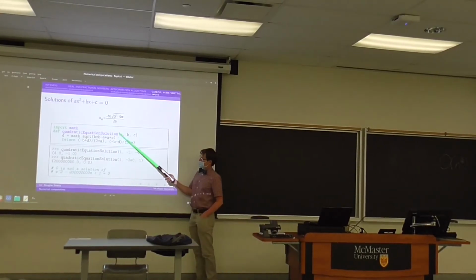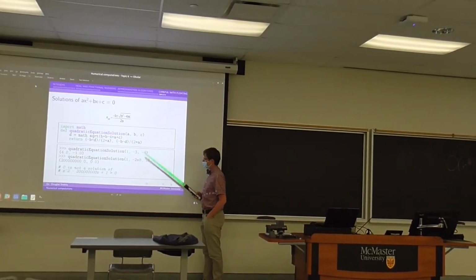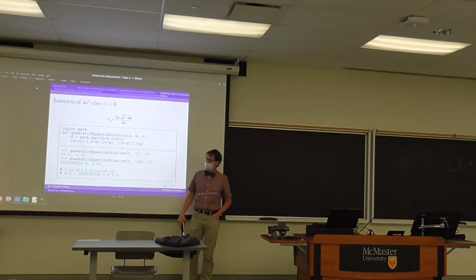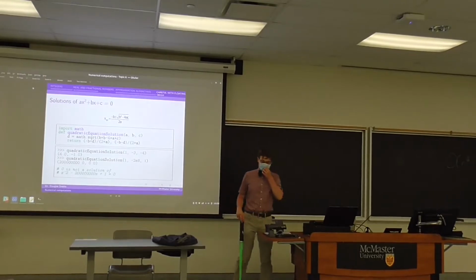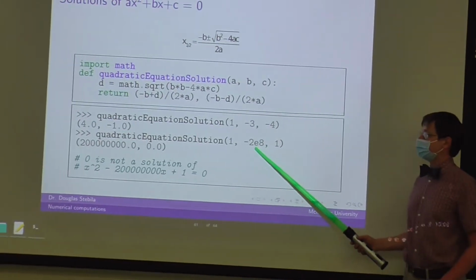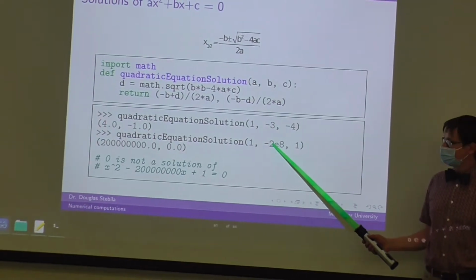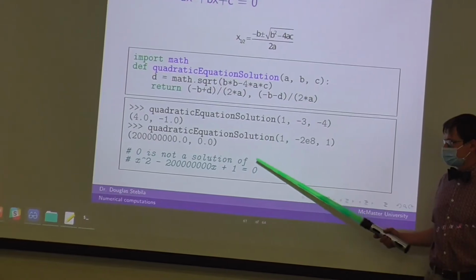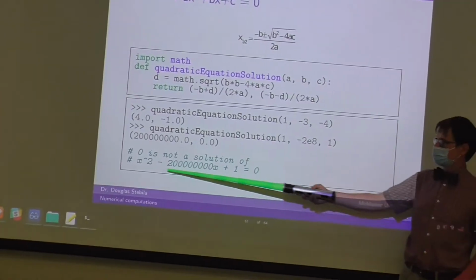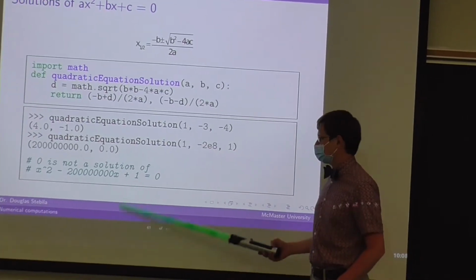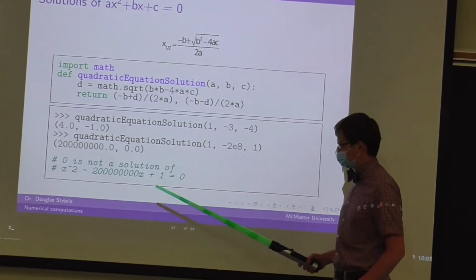So if we try this out on regular, ordinary numbers, we get the expected result. If we include a rather large number in there, we actually get an incorrect result. 0 is not a solution of x squared minus 20 million x plus 1.